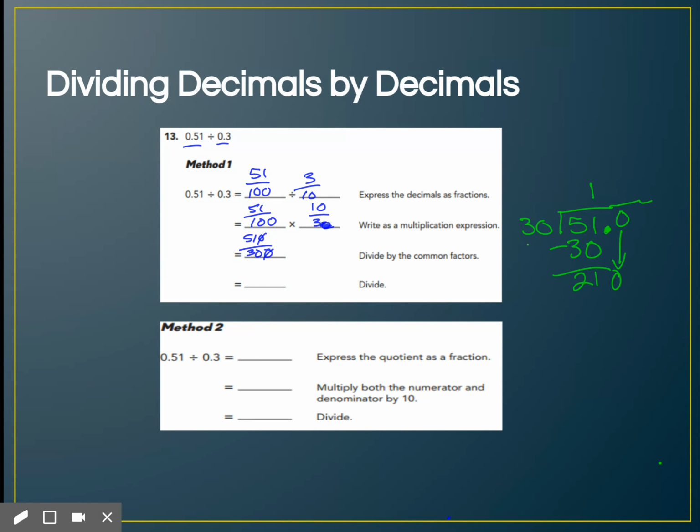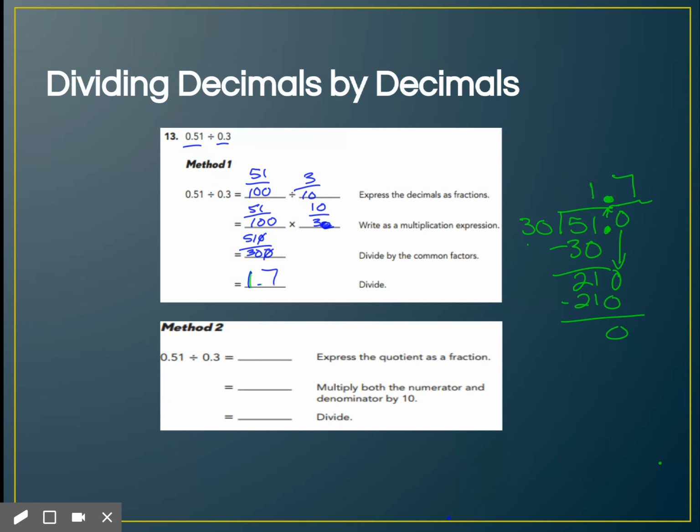I know this because 3 goes into 21 7 times. And that's just simply 210, and that's my answer. Notice I brought my decimal straight up here from where I added it into the dividend. So again, the answer is 1.7.